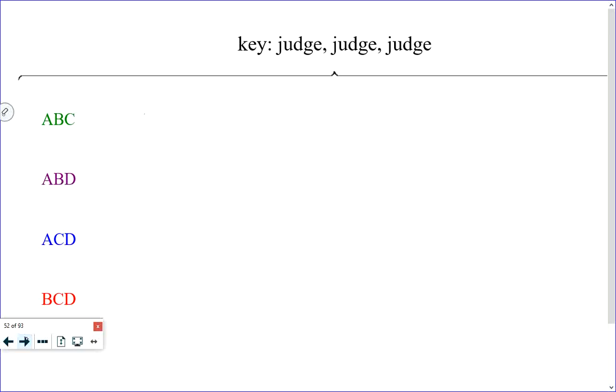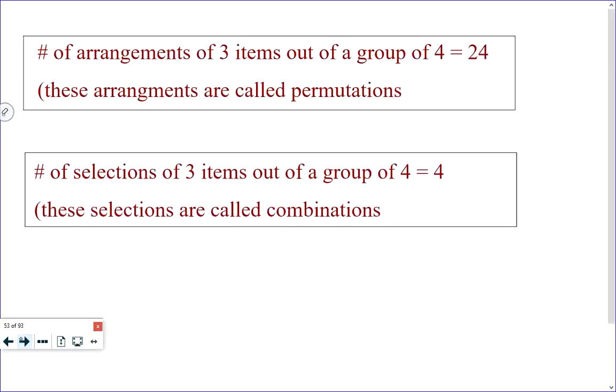And you might have been able to figure that out because the number 4 is pretty small and we're only selecting 3 out of 4. But if the numbers got bigger, it's more complicated. Well, the number of arrangements of 3 items, which is called a permutation, is 24 out of 4. The number of combinations of 3 items out of 4 happens to be 4, and there's a connection here.